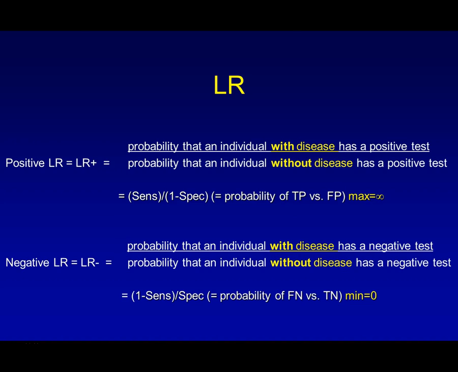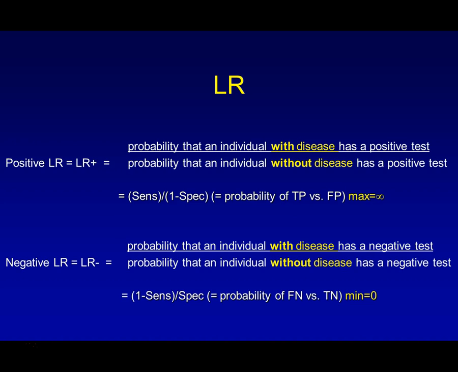The negative likelihood ratio is the probability that an individual with disease has a negative test divided by the probability that an individual without disease has a negative test. It should be false negative divided by true negative. In other words, 1 minus the sensitivity divided by the specificity. And this should be 0.